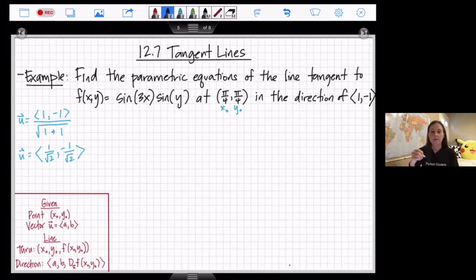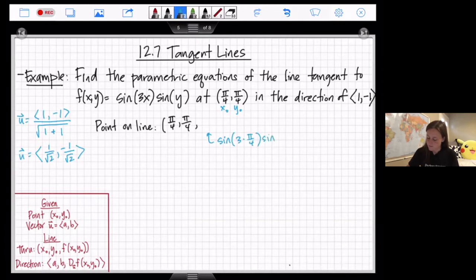And again, what we need for our equation of the line, we need a point on the line. Okay, which is, let's see, they gave us the x coordinate and the y coordinate. And we're going to find the z coordinate just by plugging into the function, just like on the last one. So I'm going to plug in f of pi over 4 comma pi over 4. So we have sine 3x times sine y.